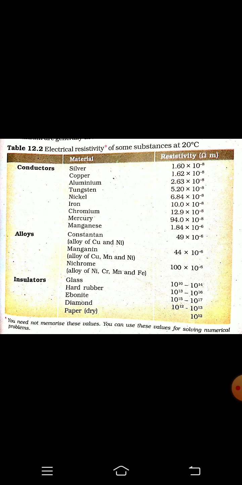One was 1.62, another one was 6.84. Now when they have combined and formed an alloy, their resistivity becomes 49 into 10 raised to minus 6. That means it increases. So we can say that the resistivity of an alloy is generally higher than that of its constituent metals.